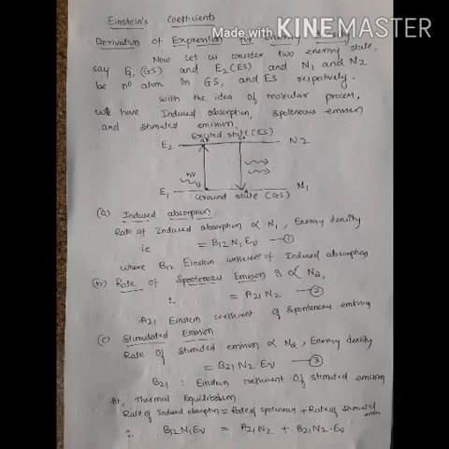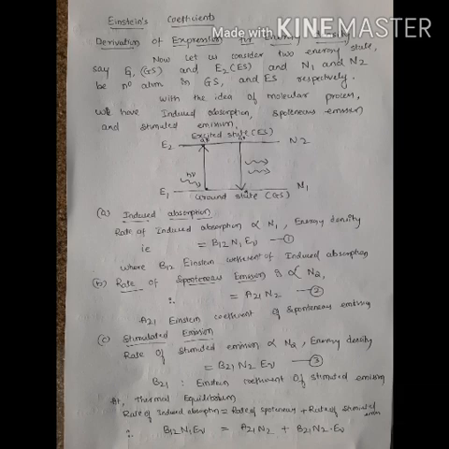Next is Einstein coefficient, in that the expression for energy density. Now let us consider two energy states, say E1 is the ground state and E2 the excited state, and consider N1 and N2. N1 and N2 are the number of atoms present in the ground state and excited state respectively.